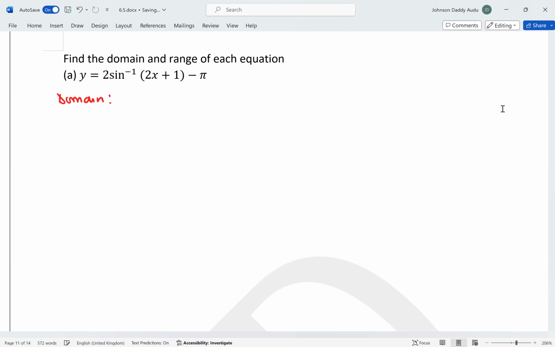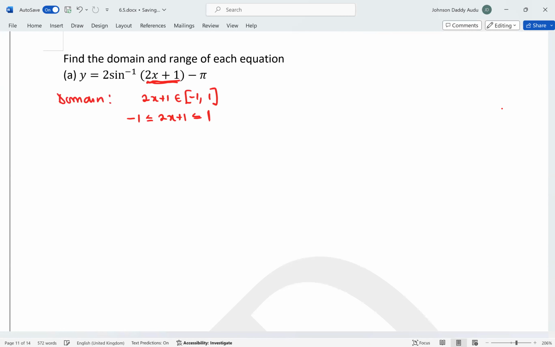The domain here is what? This is sine inverse, so the domain is going to be minus 1 to 1. All you need to do to find the domain is let the input here be between minus 1 and 1. So 2x plus 1 must belong to minus 1 to 1. It means minus 1 is less than or equal to 2x plus 1, which is less than or equal to 1.